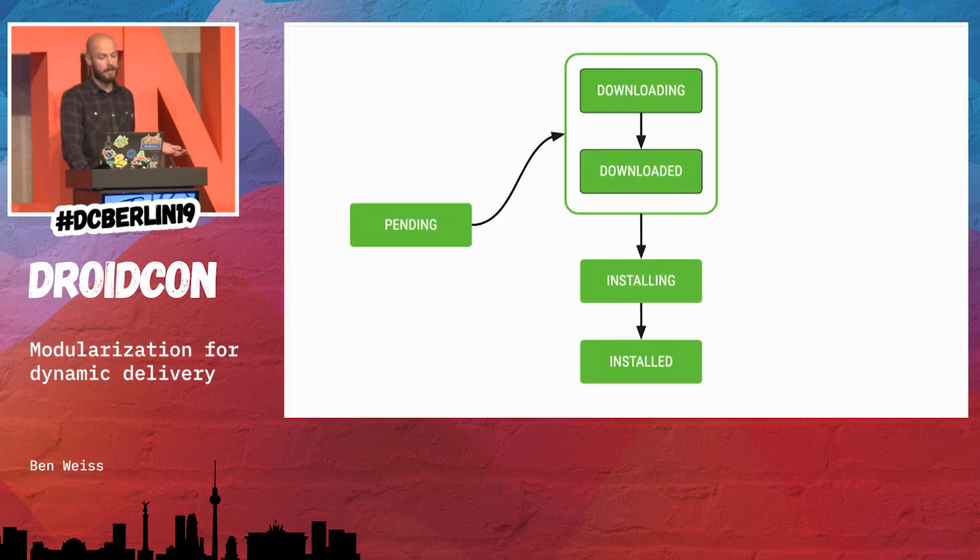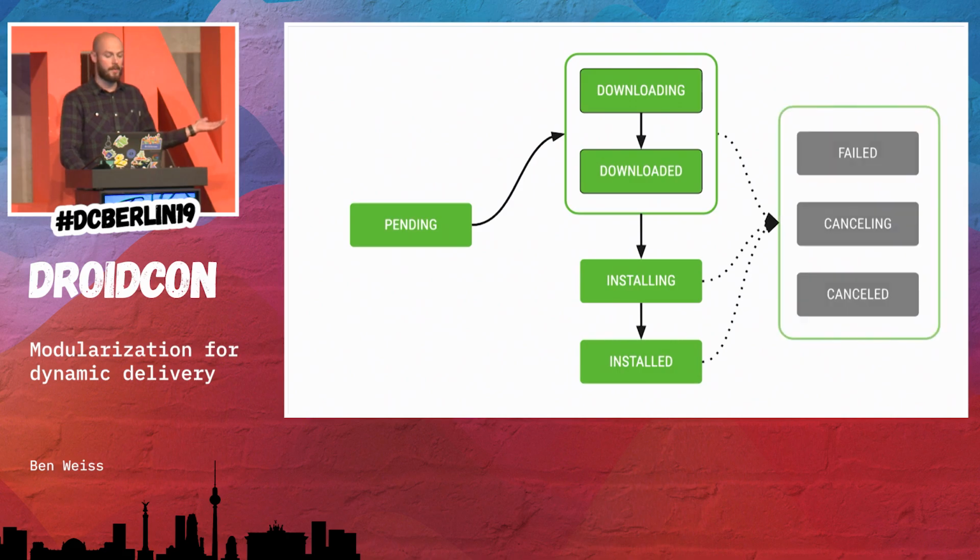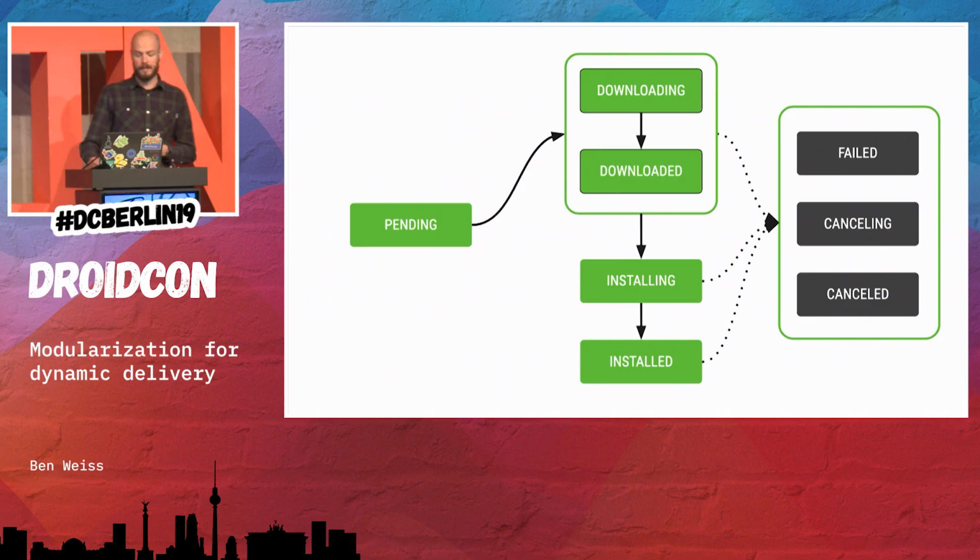Most of those states are on the happy path. So usually when you start from pending, you go through the downloaded states, and the module has been installed. That is where you want your users to be in the end. But sometimes your users might cancel, or for whatever reason, the download might fail. So those states are as relevant as this.